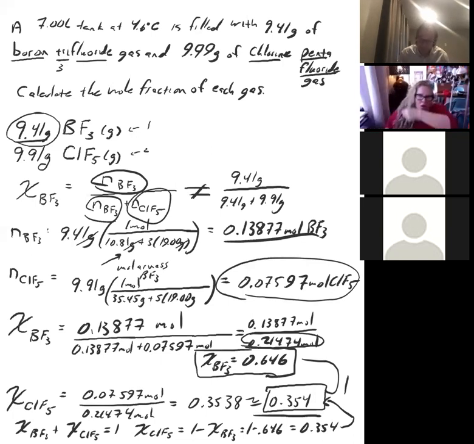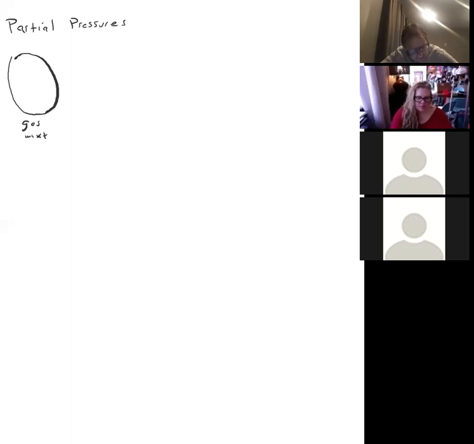Okay. So now I want to show you why we use the mole fraction, and it has to do with this issue of what's called partial pressures. What we want to be able to do is look at a mixture. So this is a gas mixture, so we have more than one gas.